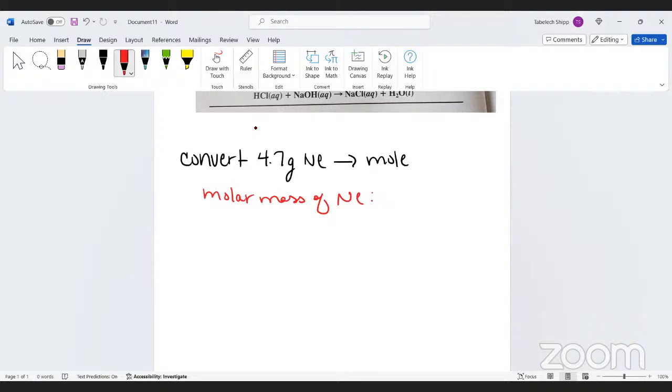When I pull up my periodic table, I have the mass of 20.18, as you can see right here, 20.18. That is the molar mass. So when you get the molar mass of neon, which is 20.18, that's going to give you the molecular weight.